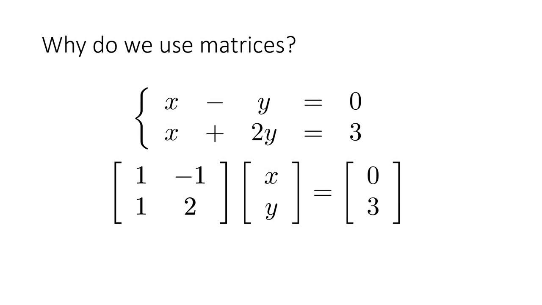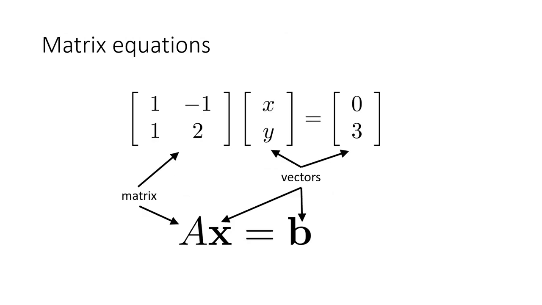And the second row would combine with x and y to produce the left-hand side of the second equation. So this way we can think of the left-hand sides from our original system of equations as just the product of the matrix of coefficients and the matrix of variables. And then the right-hand side is just, again, the right-hand sides from the original equations.